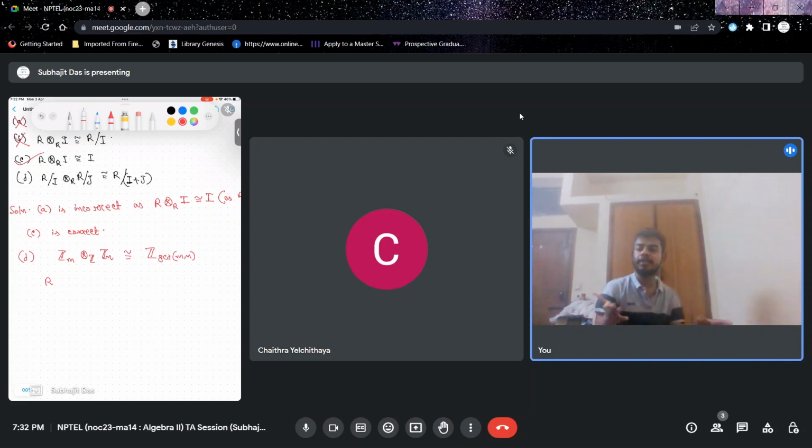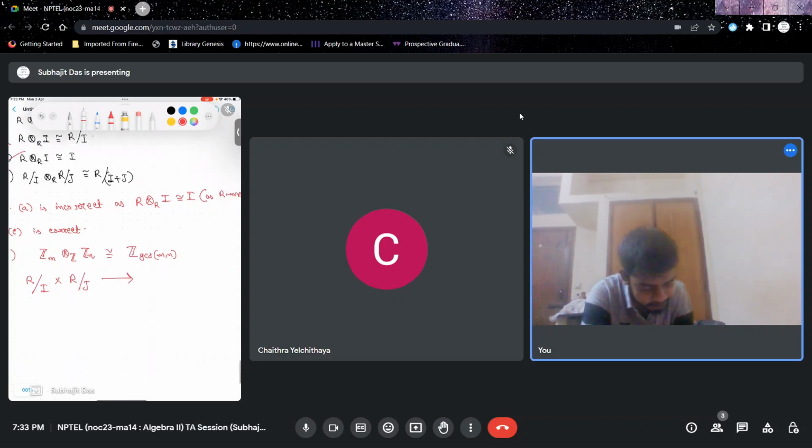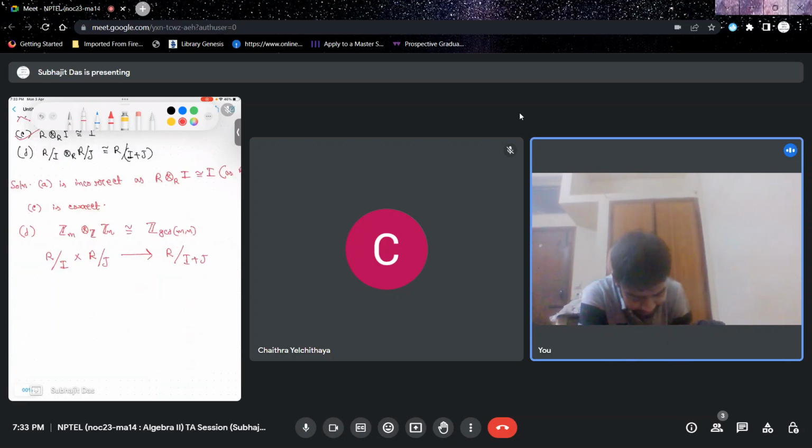You can use the universal property right away. So we need a map from this tensor product into R mod I plus J, right? So you first of all define an R bilinear mapping of the product into R mod I plus J. So take any element I plus r, take any element J plus s. Where should we map this to?